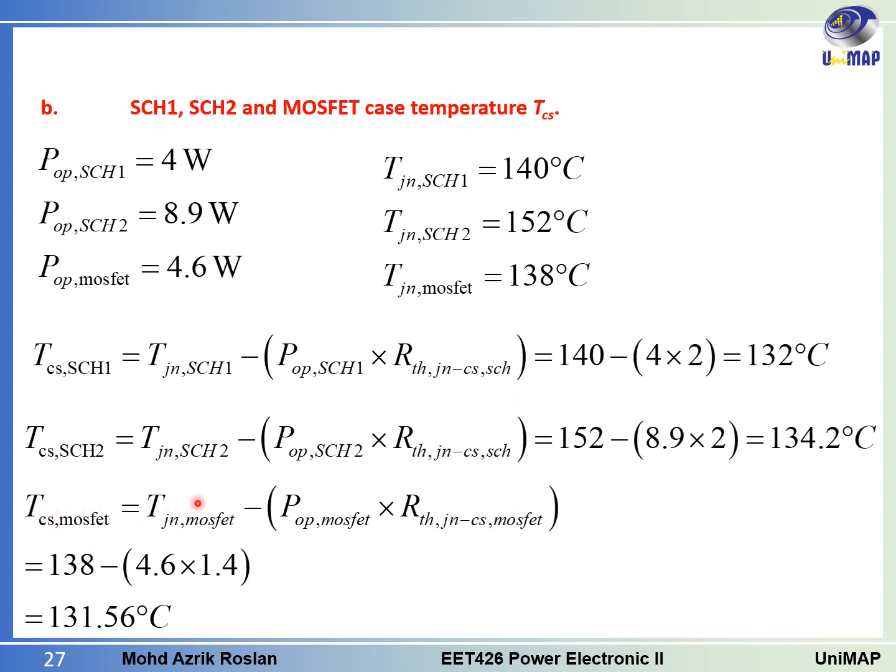We have the junction temperature of the Mosfet minus the power that we already attained here, 4.6, multiplied by RTH junction to case for the Mosfet, which is 1.4. So in this case we get the T case Mosfet is 131.56 degrees C.